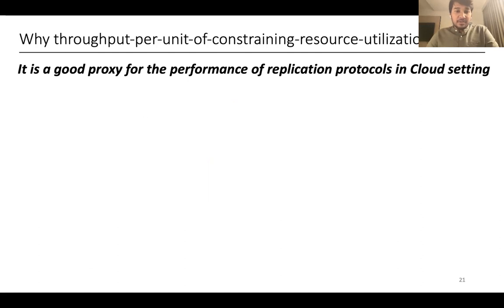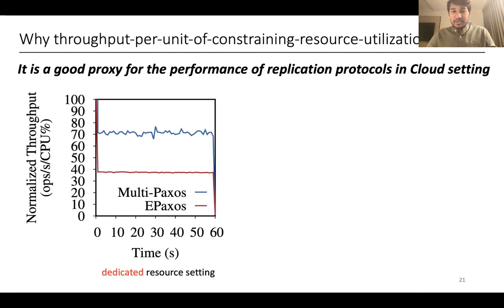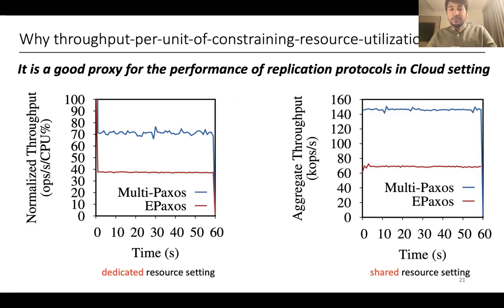So here we now compare the two graphs: normalized throughput for a single instance in a dedicated resource setting, and the aggregate throughput of instances in a shared resource setting. And we see how the metric actually shows us a picture of the performance of these replication protocols in a cloud setting. And we clearly see that multi-Paxos has better throughput.